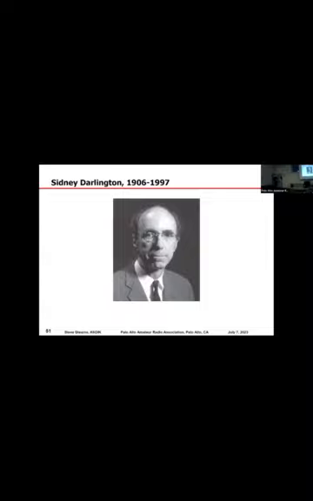Okay, Darlington, what is he really famous for? Well, he's really famous for a theorem, a mathematical statement in electrical network theory, probably the second most important result after Foster's reactance theorem. And it says that any impedance whatsoever can be represented as a lossless two-port terminated with a constant value ideal resistor, one resistor.